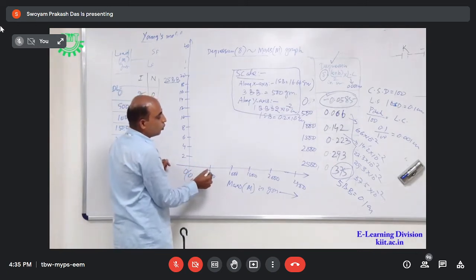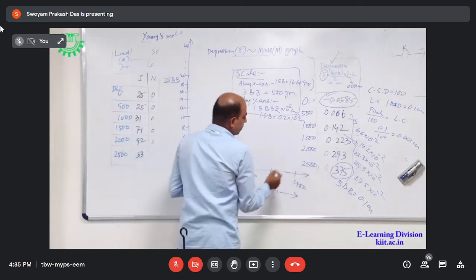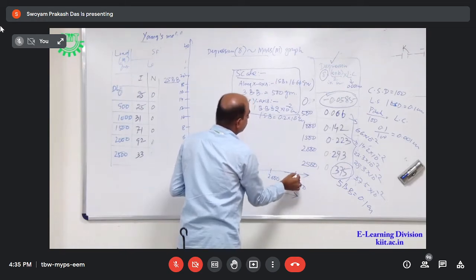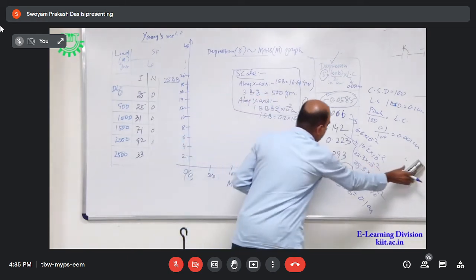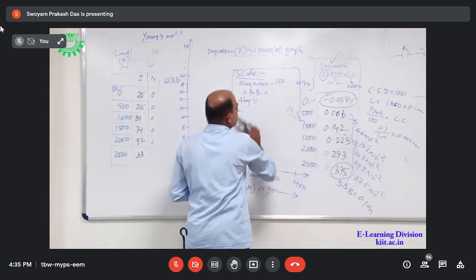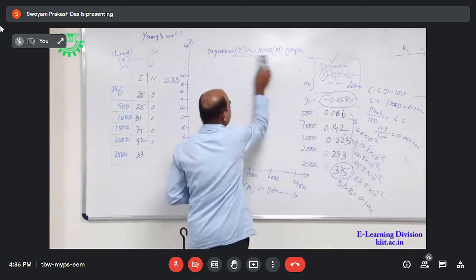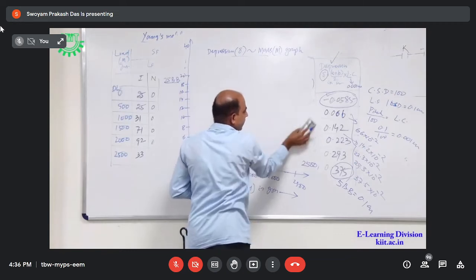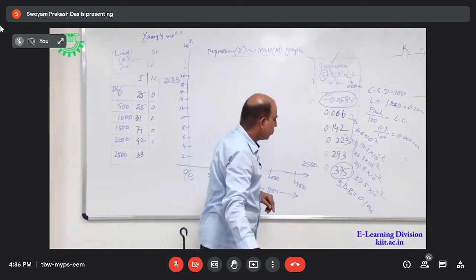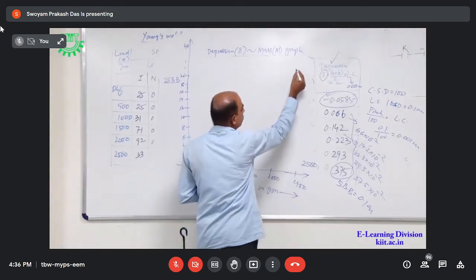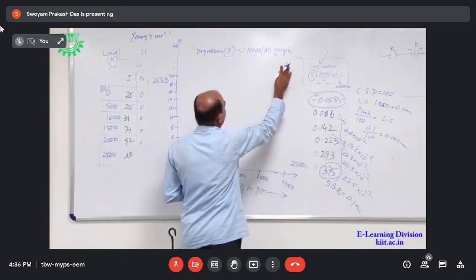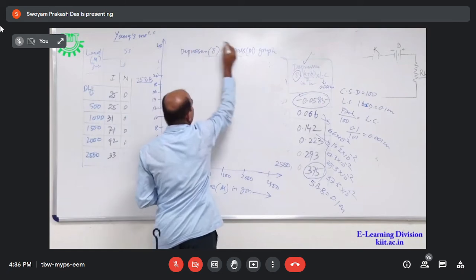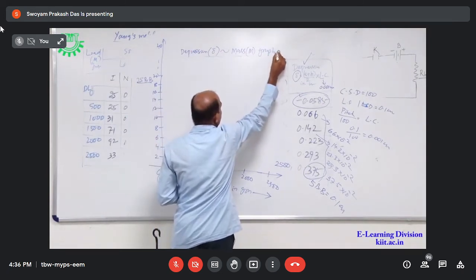Then we plot these 5 points. This is 37.5 for 2500 gram. After we mention the scale, we will plot the points. For 2500, we will find 37.5 somewhere.